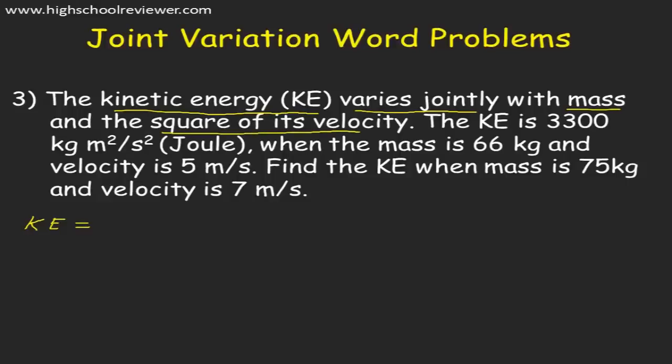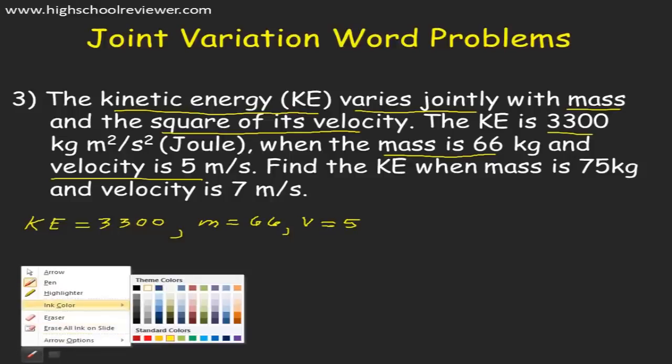So KE here is 3,300. The next given is the mass, which is 66, so M here will be 66. And the third given is velocity, so the V here is 5. Okay, let us make our equation for this.